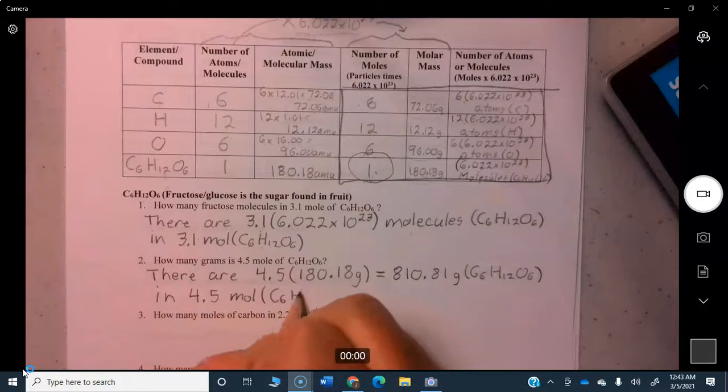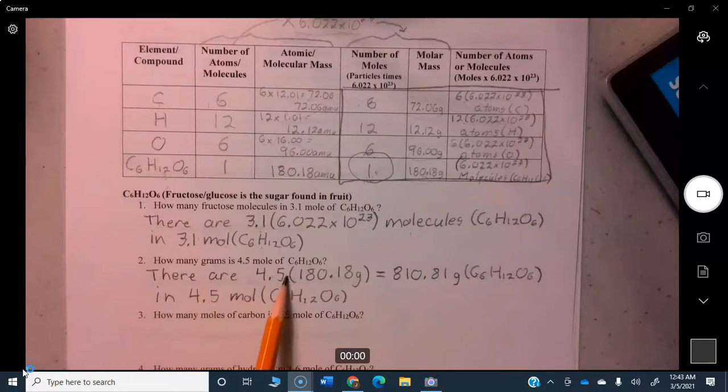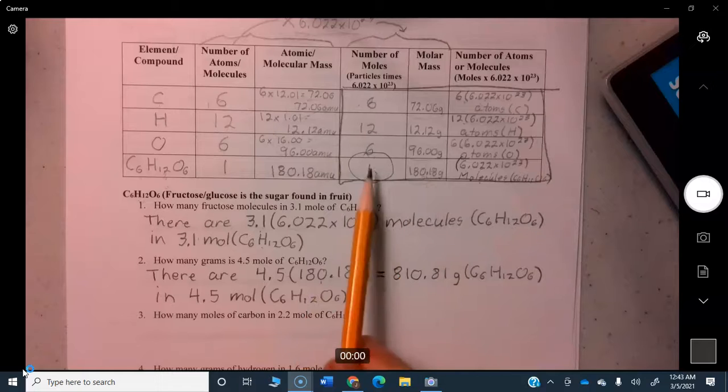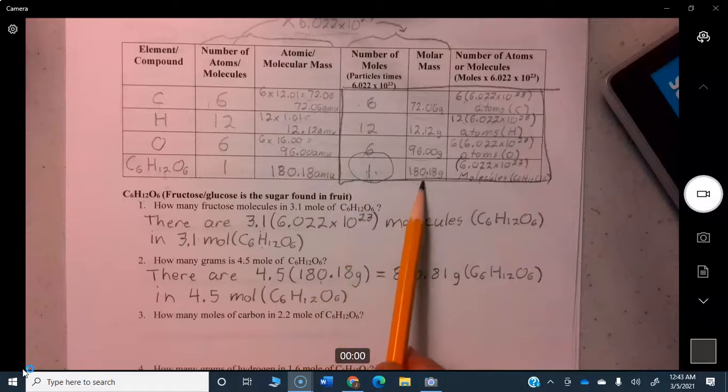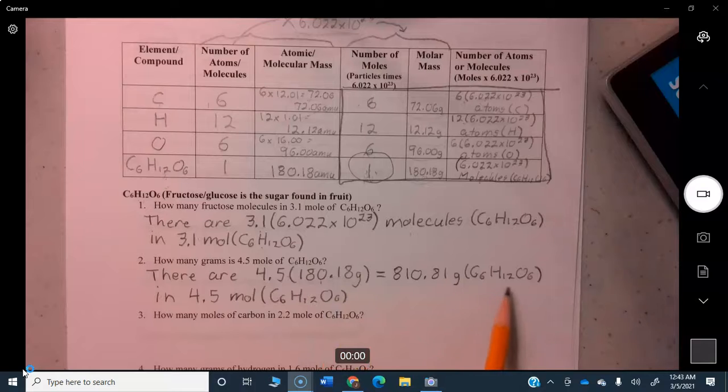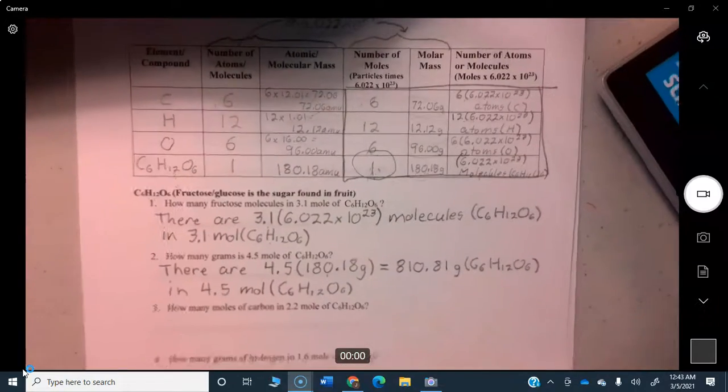Okay, so there are 4.5 times this number, which is 810.81 grams of C6H12O6 in 4.5 moles of C6H12O6. All right, next question.